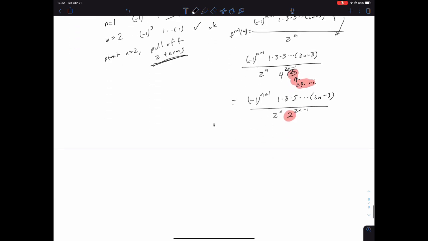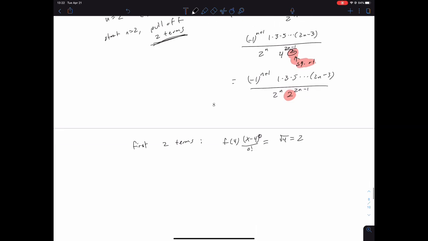Okay, so first 2 terms. I needed the first 2 terms. This is f of 4 times x minus 4 to the 0 over 0 factorial, which is square root of 4, that is 2.